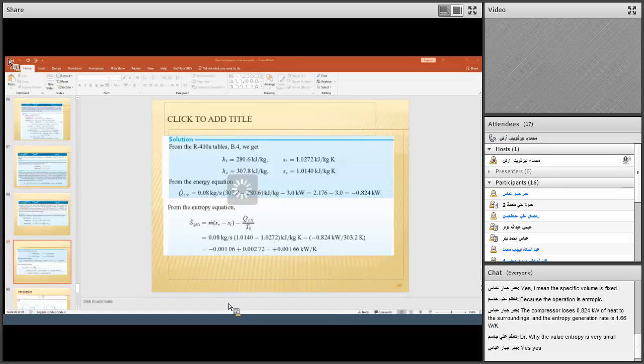You also know that the main subject of advanced thermodynamics is exergy. We start this subject next session. Next session we talk about exergy and you learn more about entropy generation. Okay, any question?